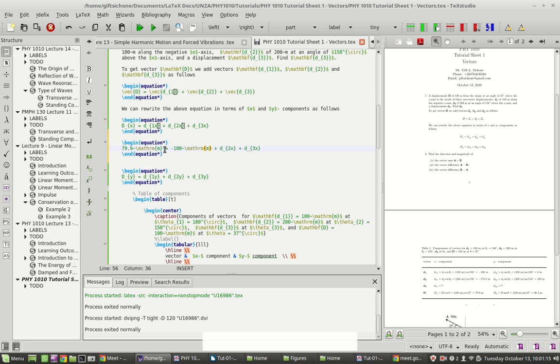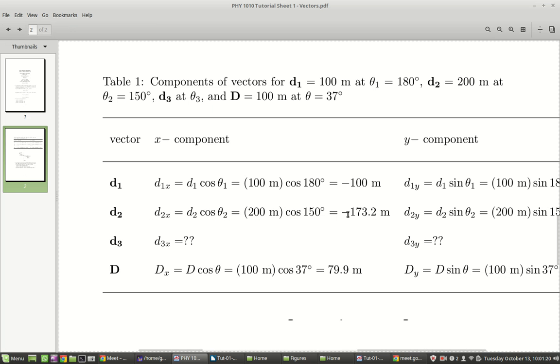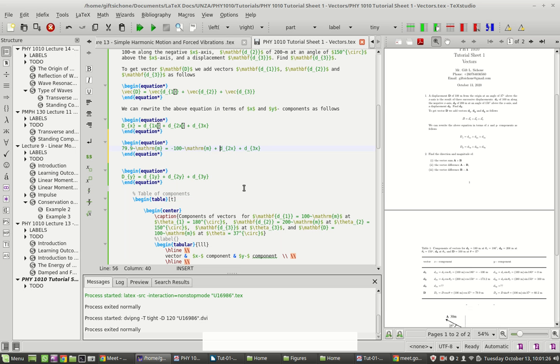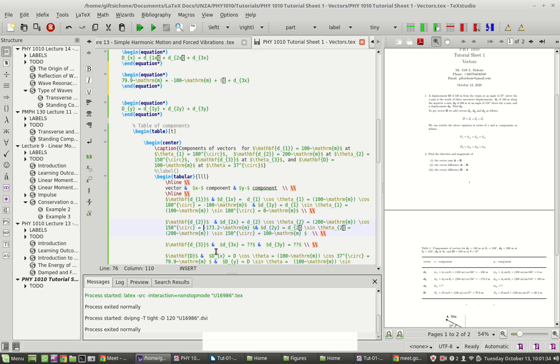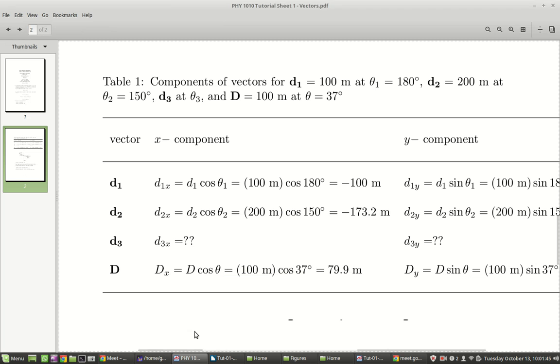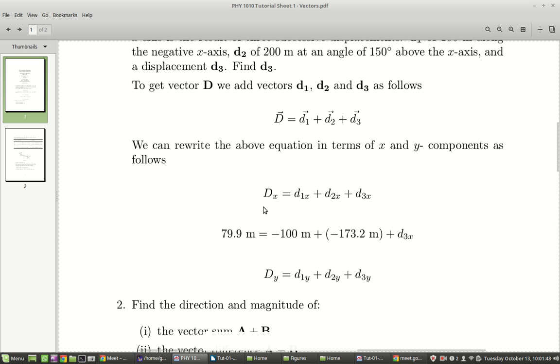Minus 100. Then d2x from the table is minus 173.2. So dx is equal to d1x plus d2x plus d3x.